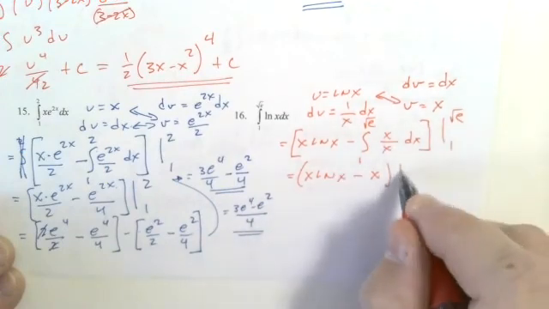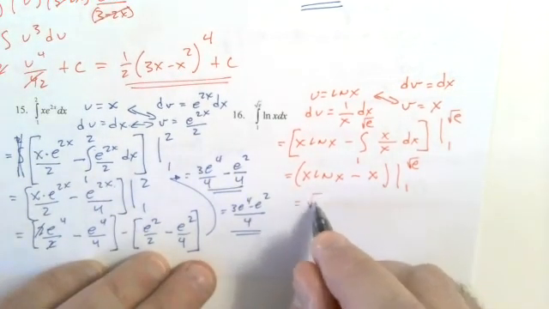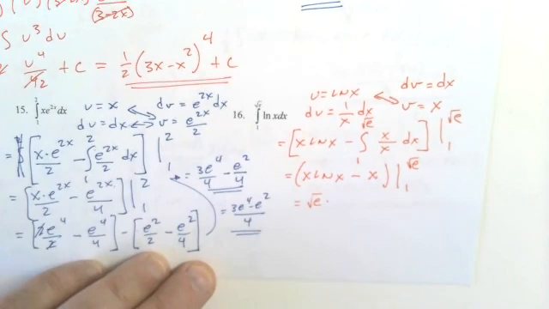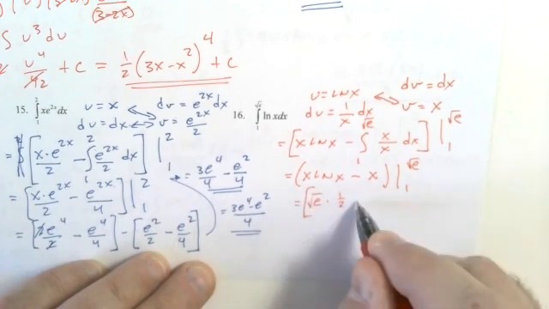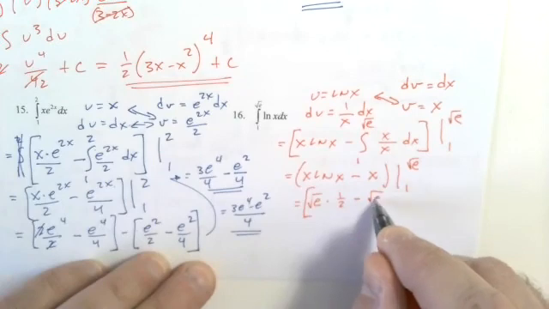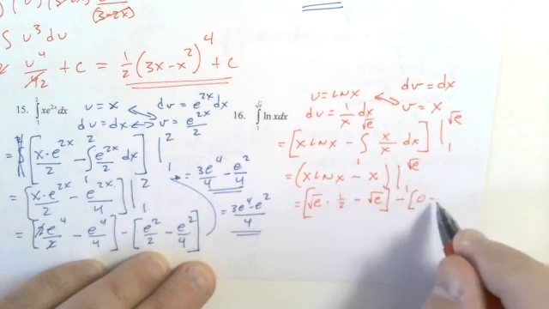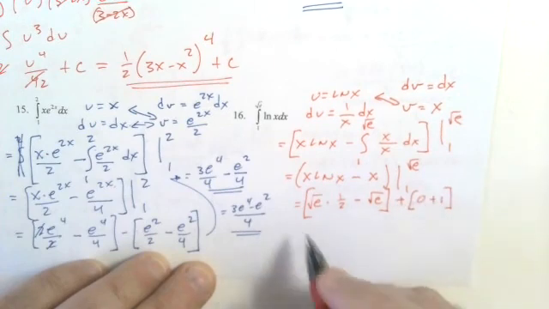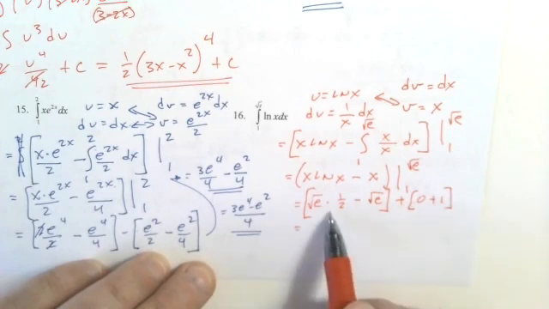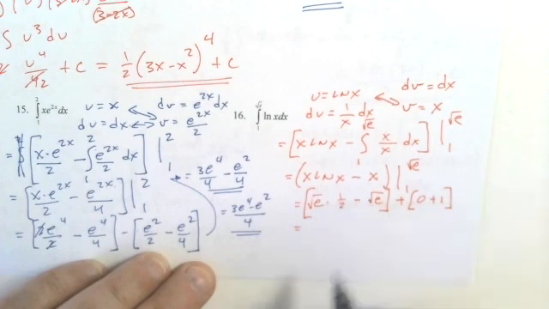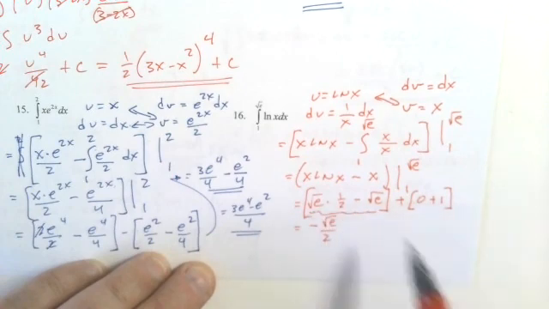That's 1 integral is x, equals square root of e times ln of square root of e, which is ln of e to the 1/2, which is 1/2, minus square root of e, minus ln of 1 is 0, minus 1, equals root e times 1/2 minus 2 over 2, negative root e over 2. Check your algebra if you get lost on that one.